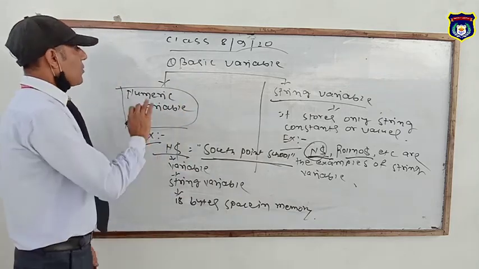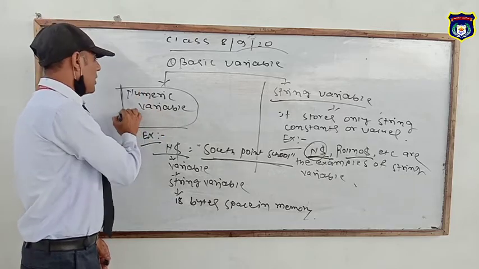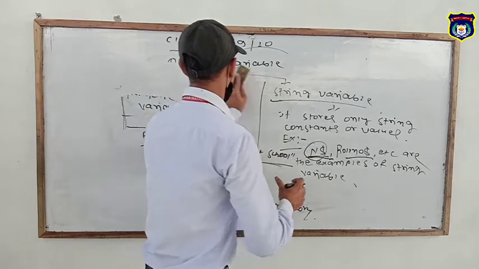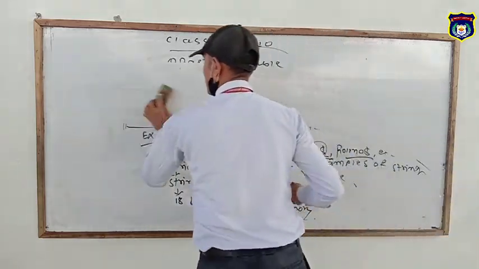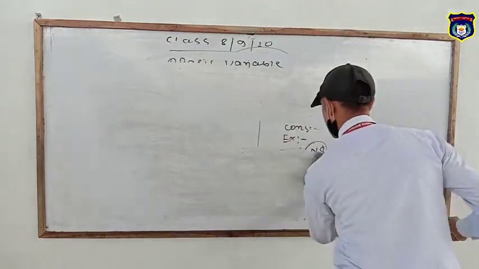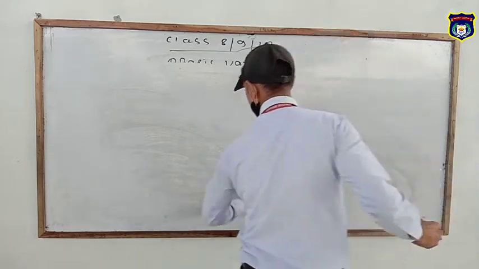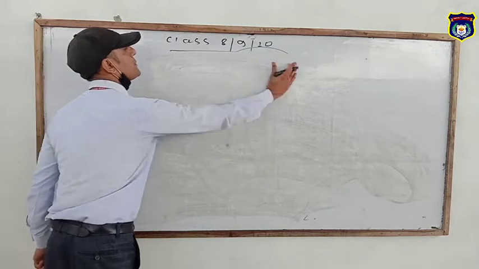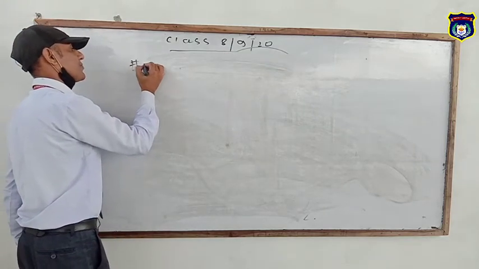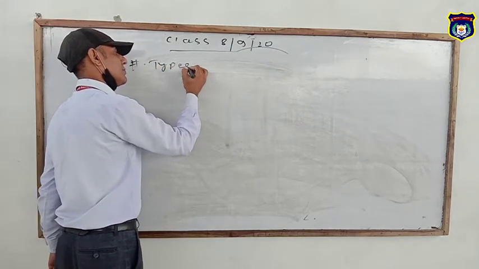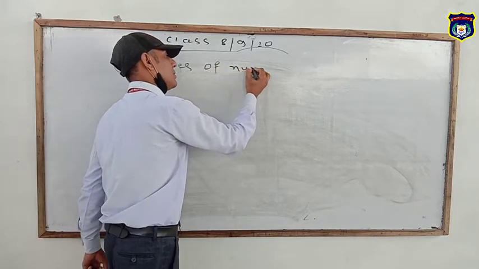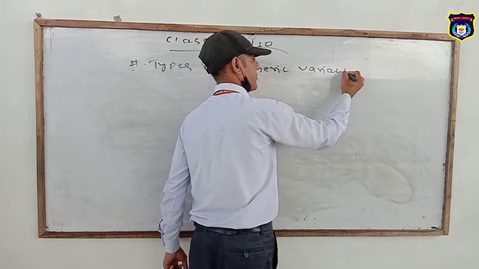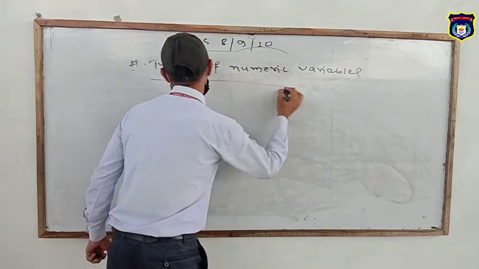Now we discuss the types of numeric variables. There are three types of numeric variables.